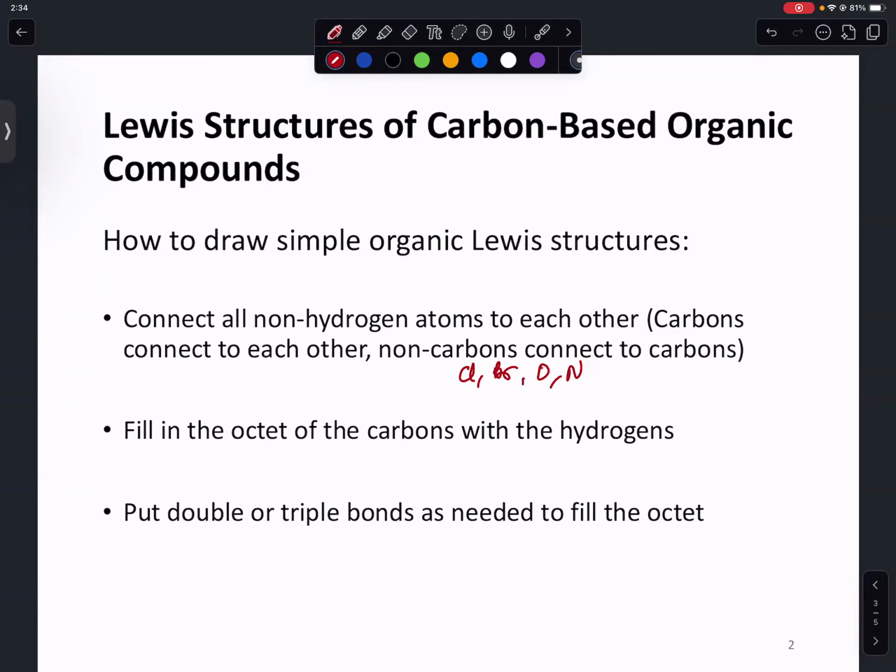For example, if you have oxygen or nitrogen, you complete their octets. If there are any valence electrons left, we use them to add double or triple bonds to fill in the octets, and usually these are for the carbons.